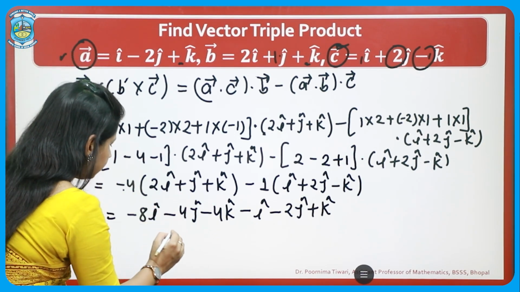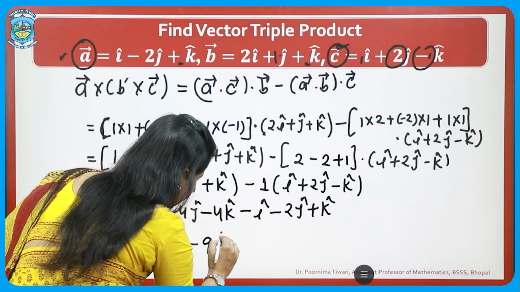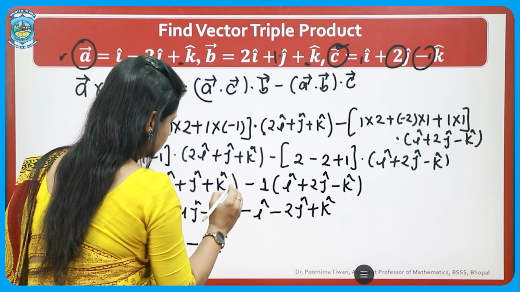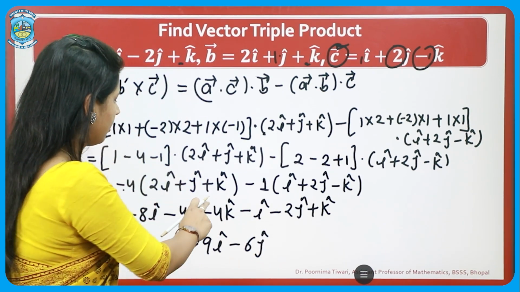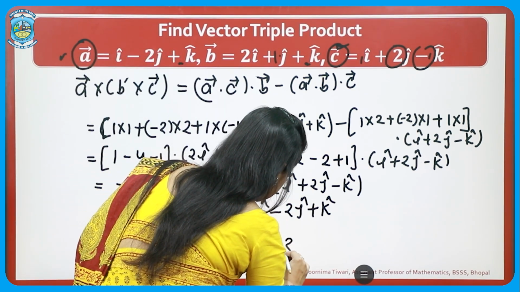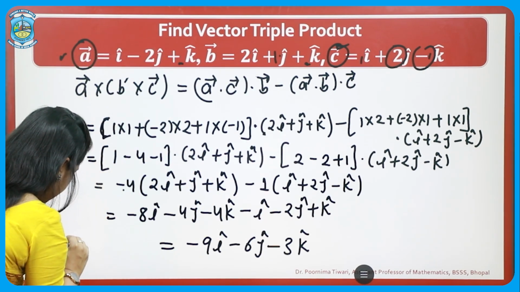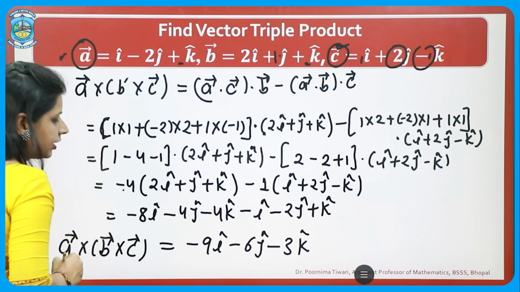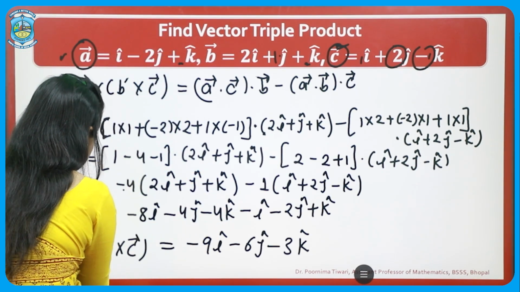On further solving, minus 8i minus i, that is minus 9i cap, minus 4j minus 2j, that is minus 6j cap, minus 4 plus 1, that is minus 3, so minus 3k cap. So, the value of A cross (B cross C), that is the vector triple product of vectors A, B, C, is given by this.